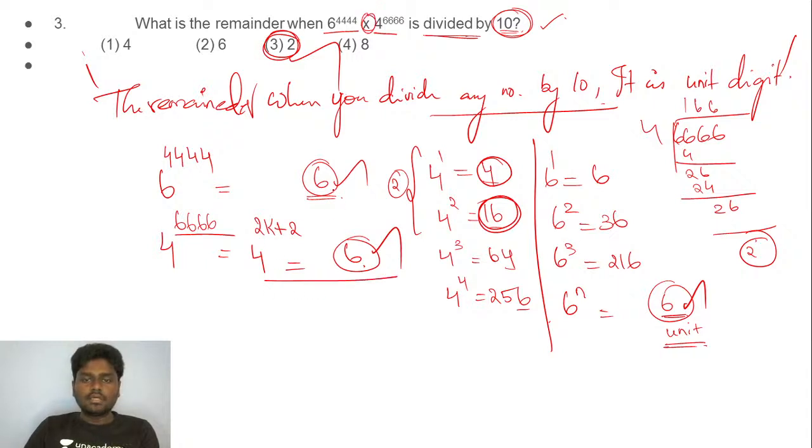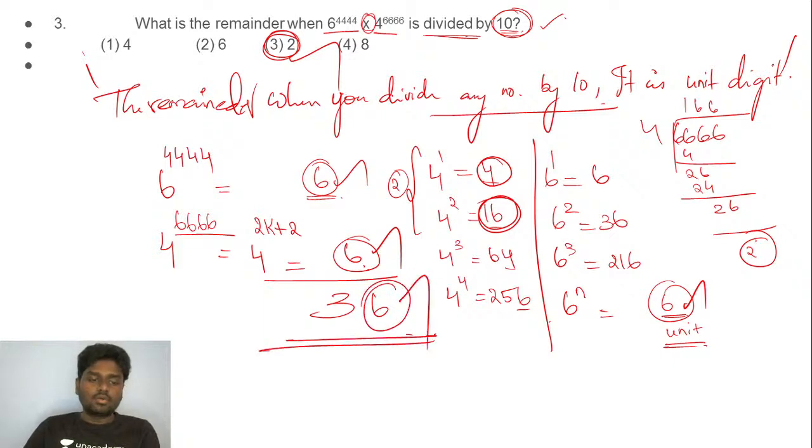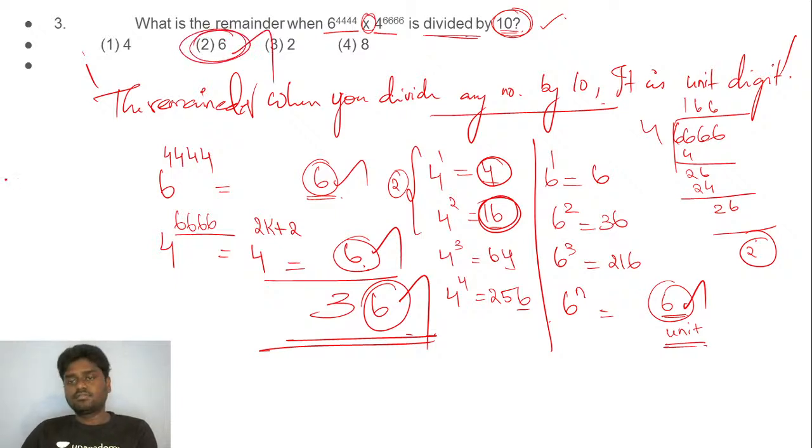So what you do, 6 into 6, you'll get 36. So undoubtedly, when you divide 6 power 4444 into 4 power 6666 by 10, the unit digit you'll get is option 2, 6. That's it. Very simple. Is that clear, guys?